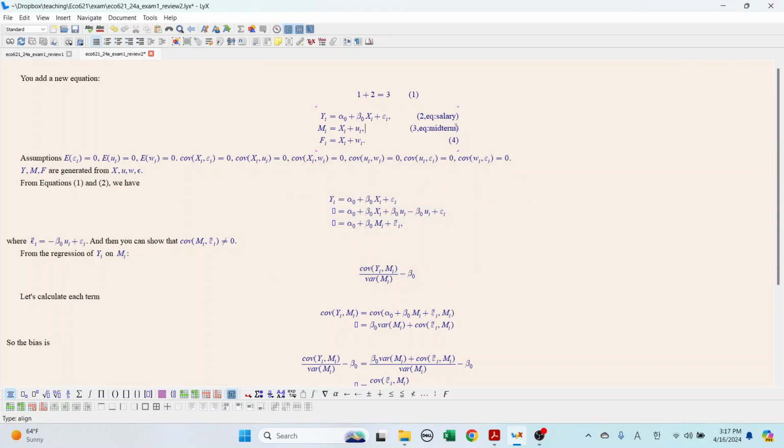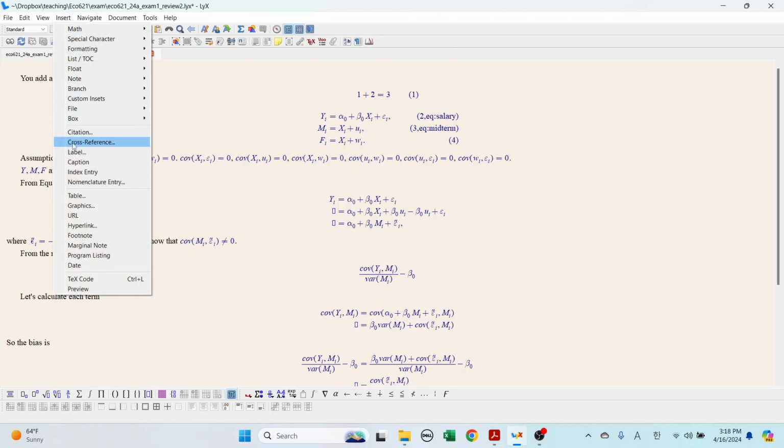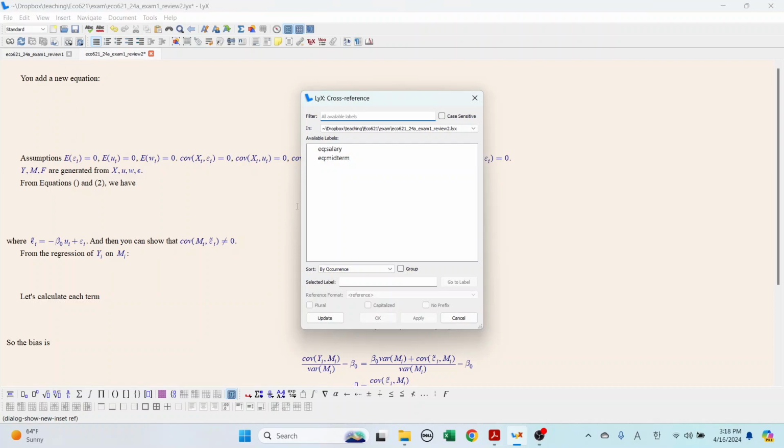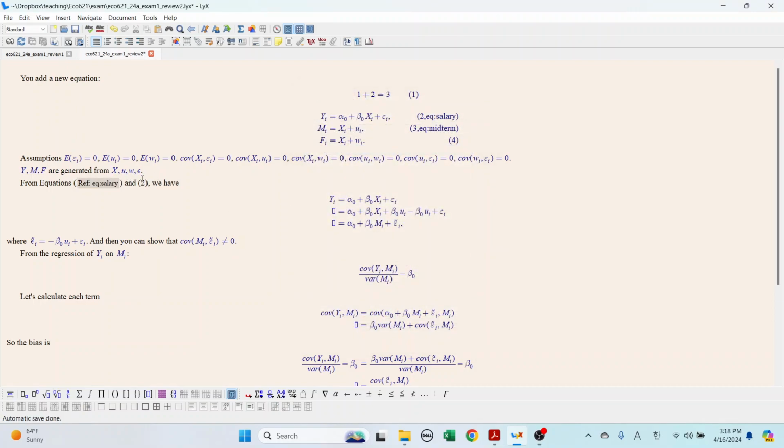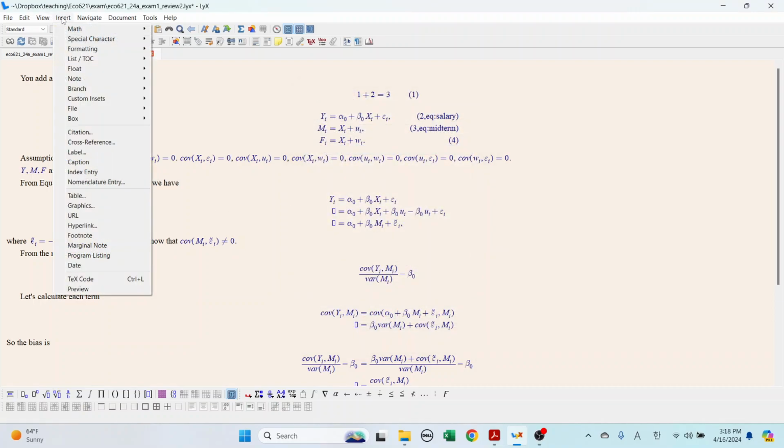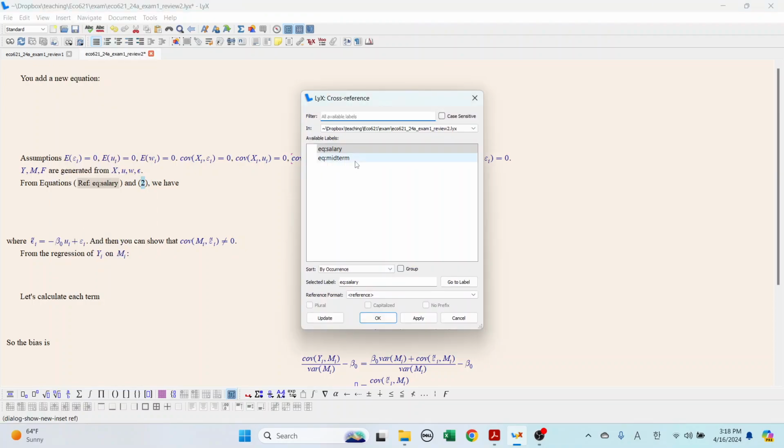They are now the names of these equations. So when I mention the first equation here, instead of just using the number, I can use their name. Insert, cross-reference, and then you just choose salary. And cross-reference midterm.